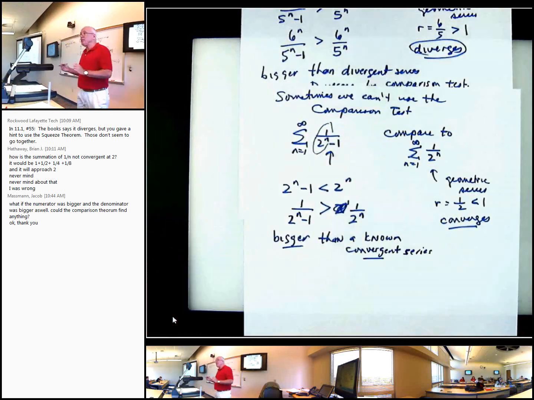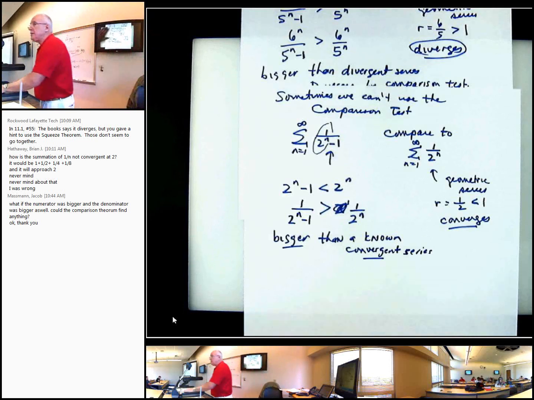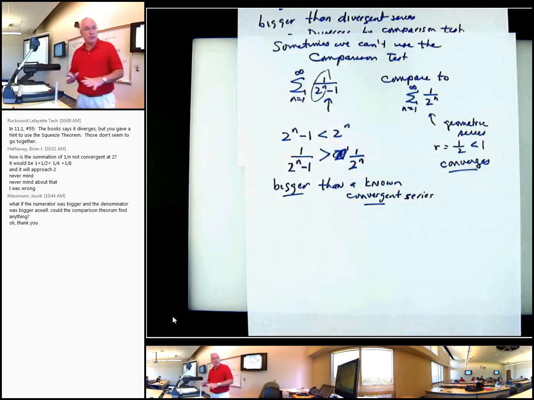So we can't use the comparison test. We'd like to, but we can't. The comparison test, if it's convergent, has to be smaller than the terms of the convergent series. Does everybody see then that we can't here in this case?